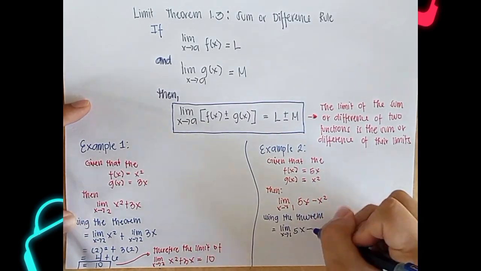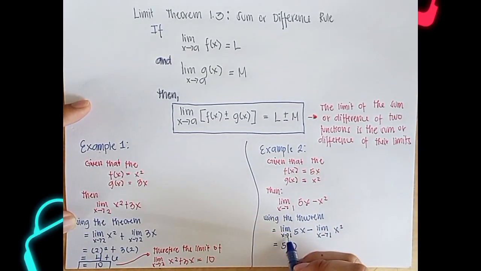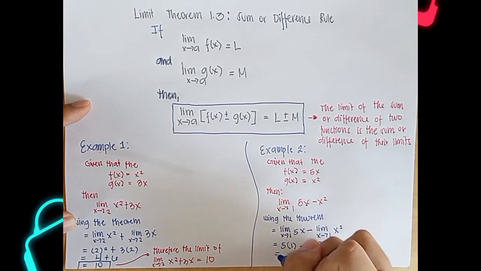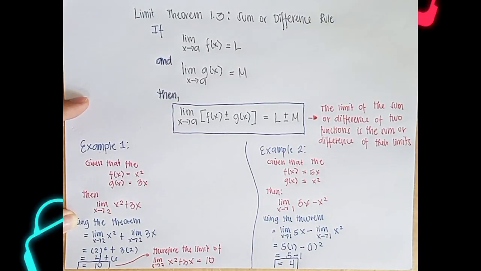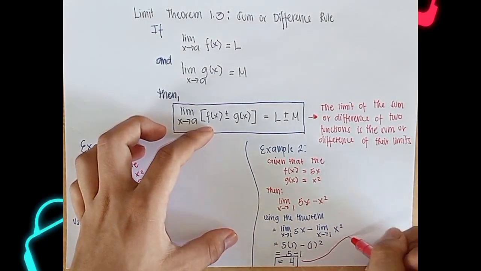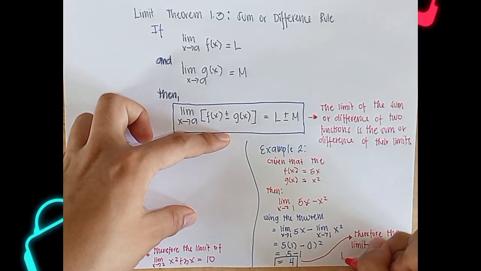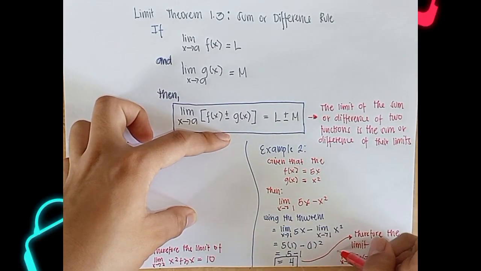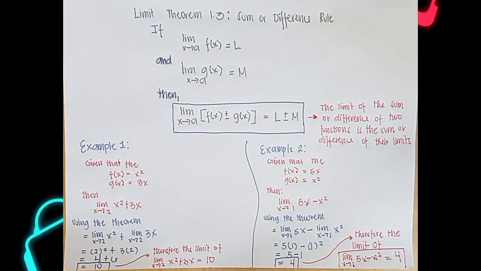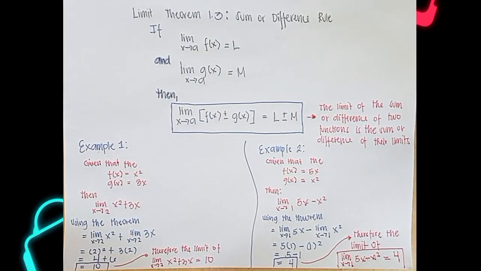We substitute the value of x: 5 times 1 minus 1 squared. So 5 times 1 equals 5, minus 1 multiplied by itself, which is just 1. So 5 minus 1 is equal to 4. Therefore, the limit as x approaches 1 of 5x minus x squared is equal to 4.